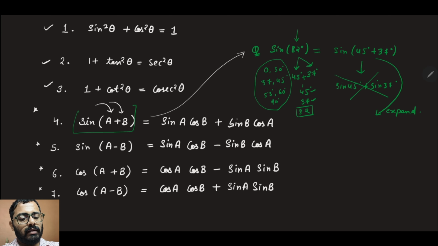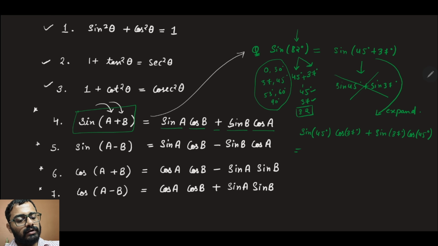We will use sine A plus B. That will give you sine A cos B plus sine B cos A. So I'll write sine of the first angle, 45 degrees, multiplied with cos of the next angle, 37 degrees, plus sine of the second angle, 37, cos of 45 degrees. This is how it will become.